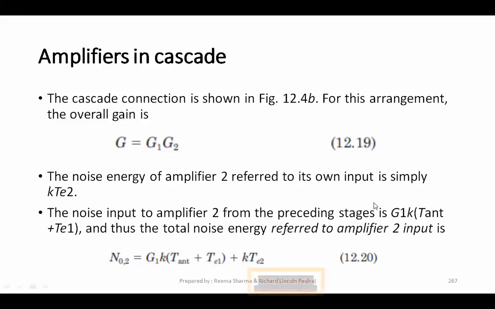We have to add both the antenna's noise temperature and the temperature due to the first amplifier, adding them all, the first and the second. This gives T_A plus T_E1 plus K into T_E2.